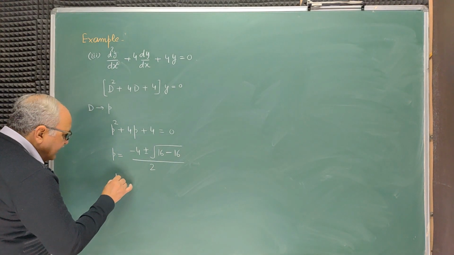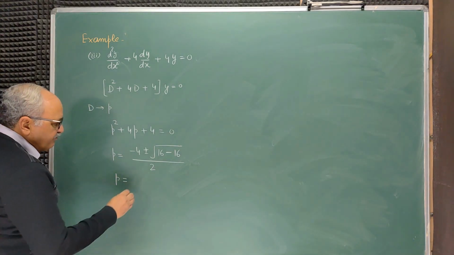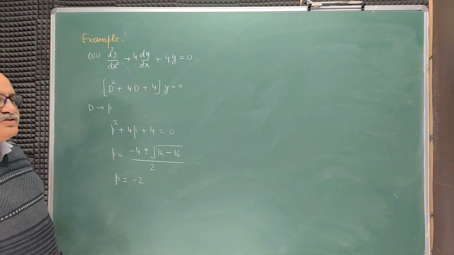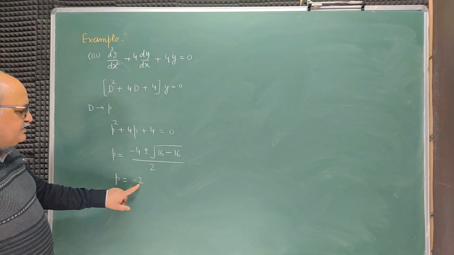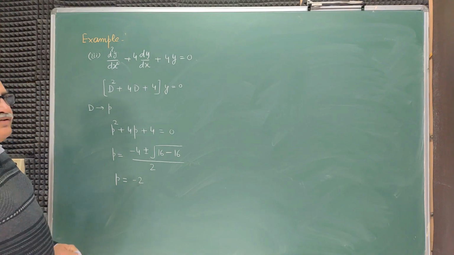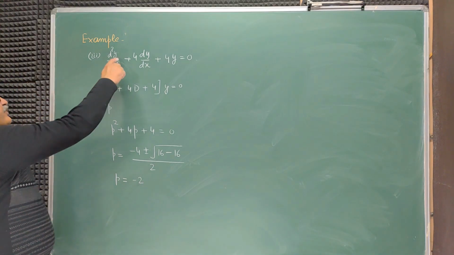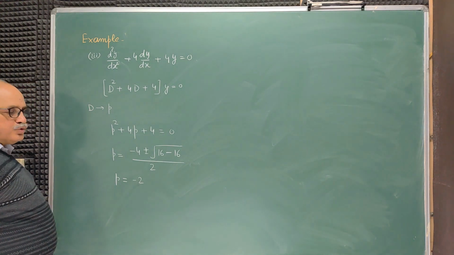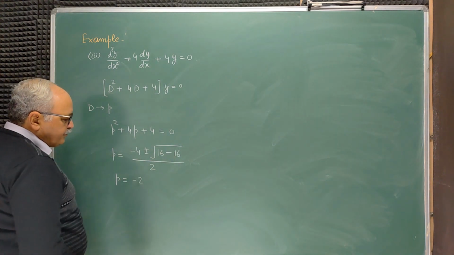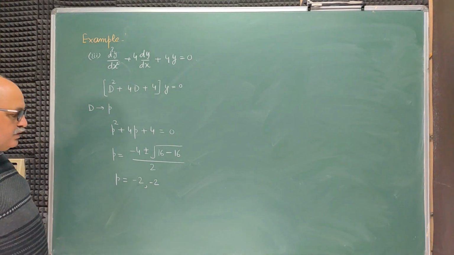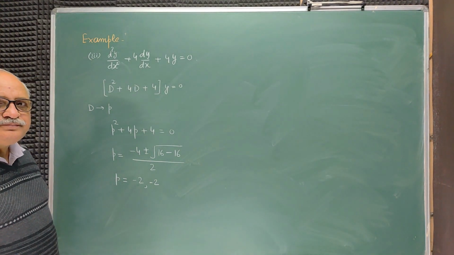So we find that in this particular case we are getting only one real solution, and that is minus 2. Obviously, when you have a second order differential equation where we are getting only one real solution, we treat this as if we have two solutions, minus 2 and minus 2.